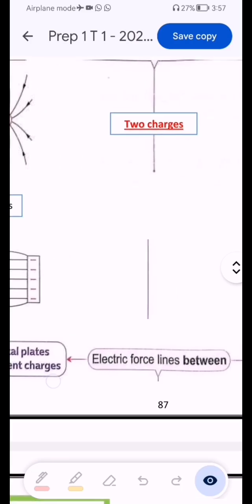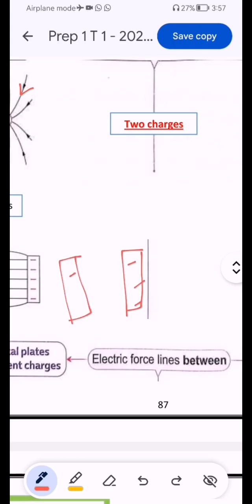You will draw it like this. We have a negative plate and a positive plate, and the electric field lines transfer from positive to negative.